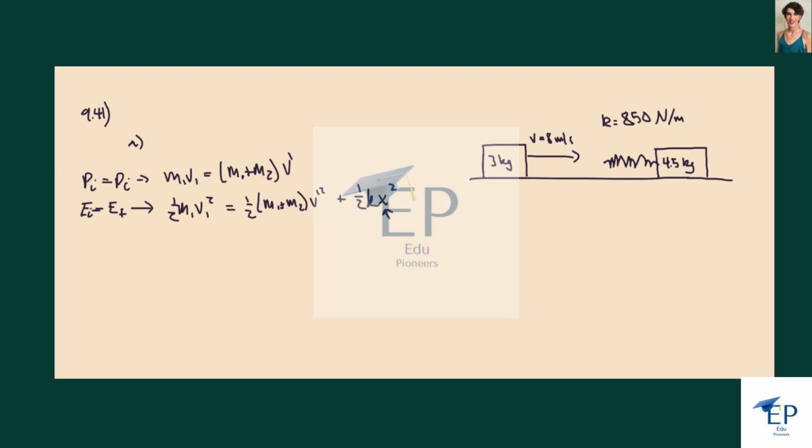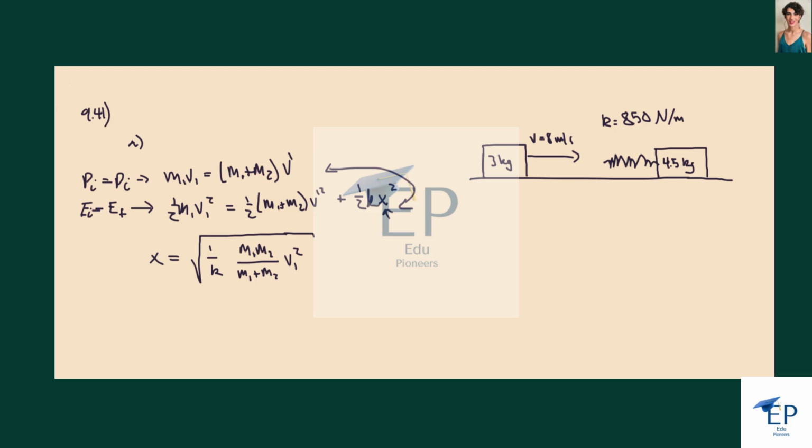So if we rearrange this for x, we get this large equation: x equals the square root of 1 over k times m1 m2 over m1 plus m2 times v1 squared. Awesome. So this was just solving for x with both of these equations.